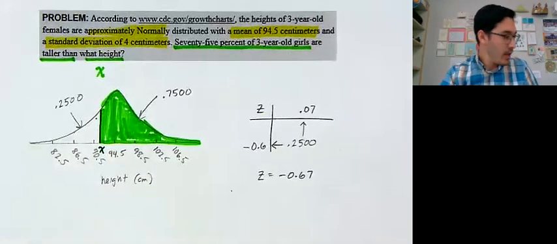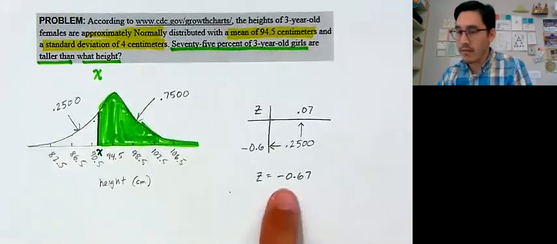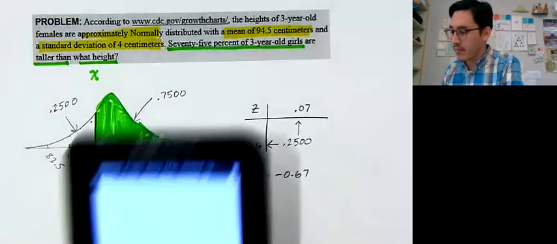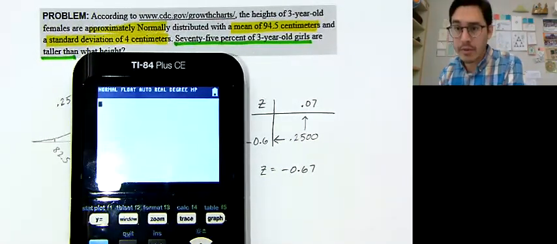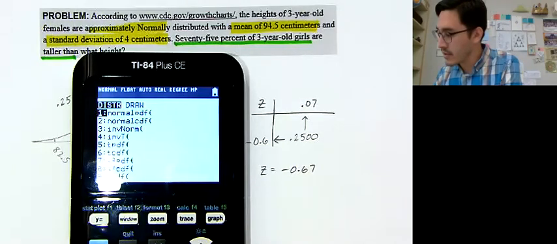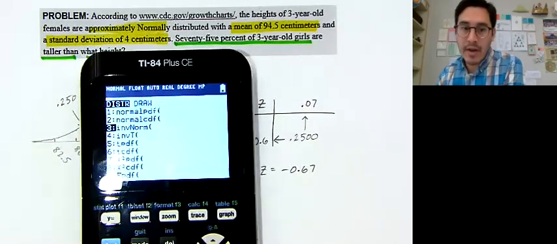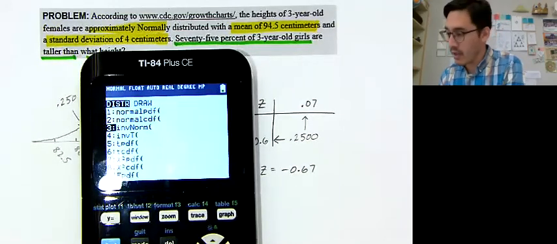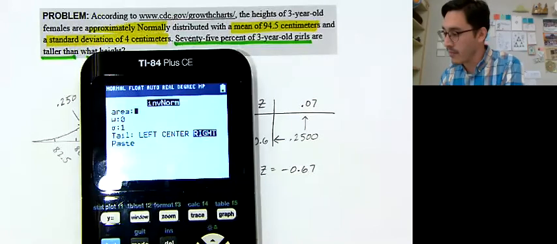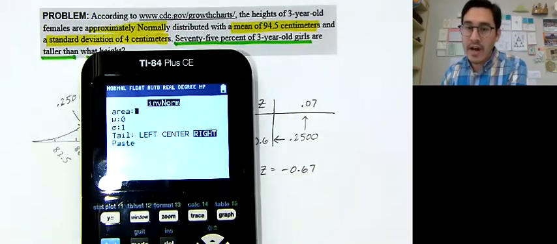All right, let me show you another way of figuring out the z-score using the calculator. I'm going to go to the distribution menu, that's second vars, and there's a command called inverse normal, because we're doing things in reverse. We're going from a percentile to a z-score now. So it's going to ask for an area.